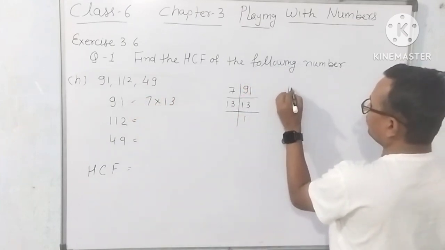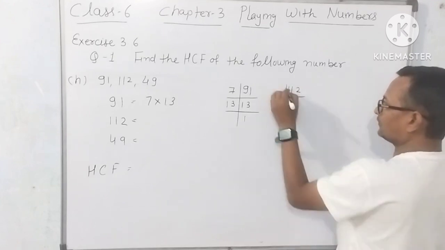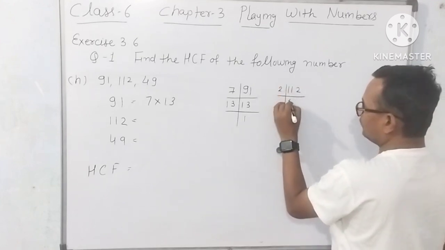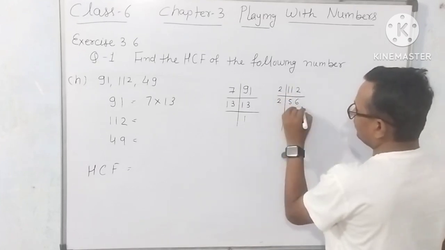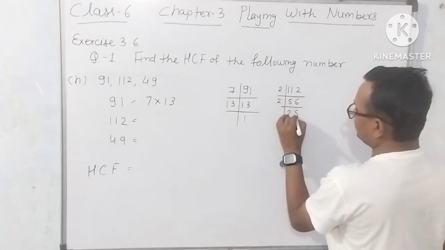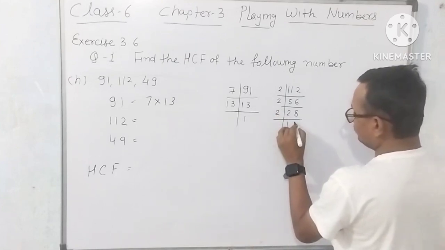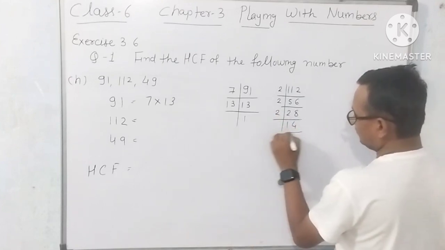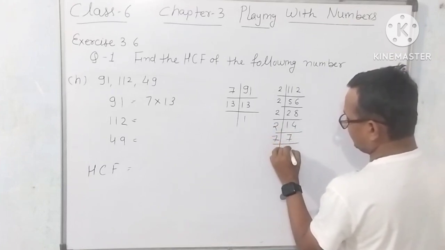Again for 112, the last digit is an even number, so it is divisible by 2. 2 5 is 10, 2 6 is 12, 2 2 is 4, 2 8 is 16, 2 1 is 2, 2 4 is 8, 2 7 is 14, again 7 1 is 7.